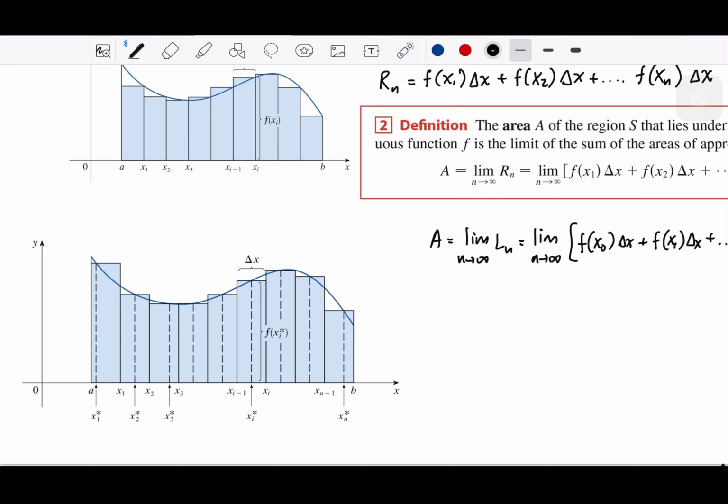It's called the x1 sample point, x2 sample point, and so on for every point. We use this to make sure we can use the formulation in all forms, not only for right endpoint or left endpoint. We could take any point that we want to compute on our curve.